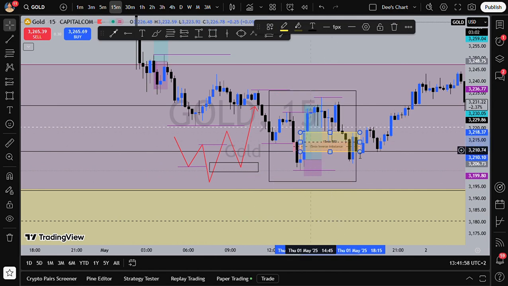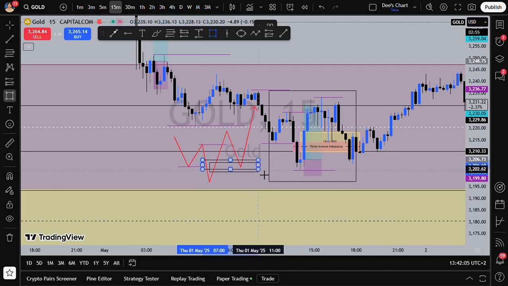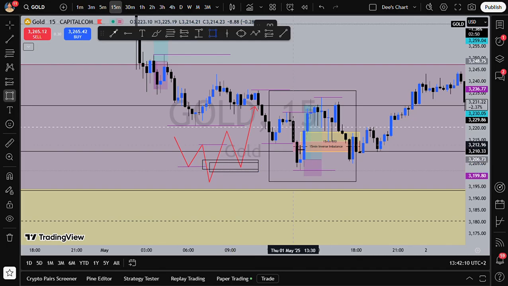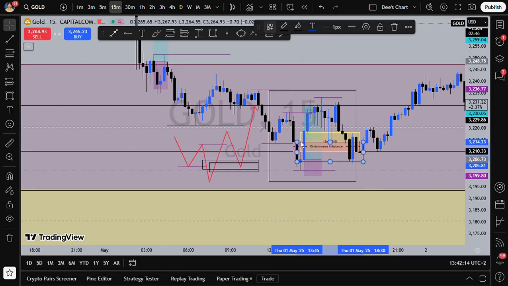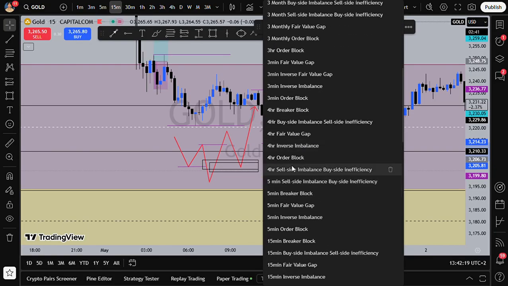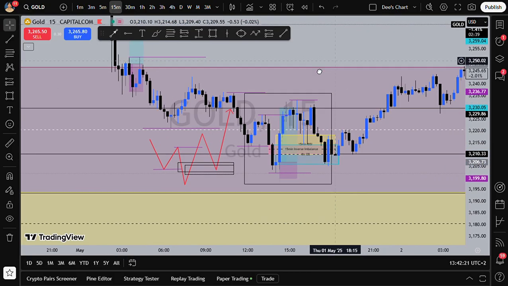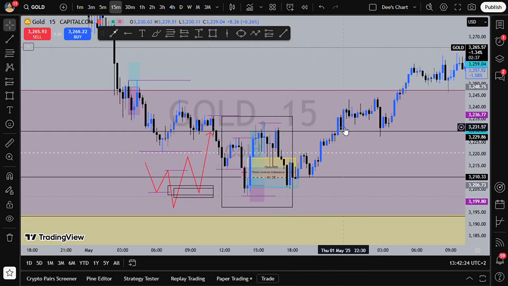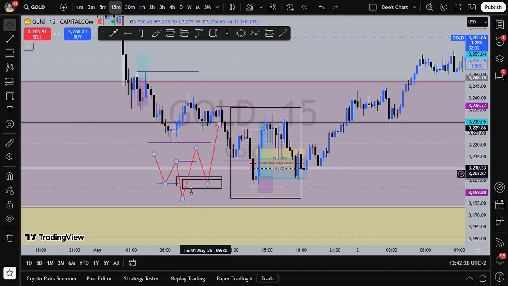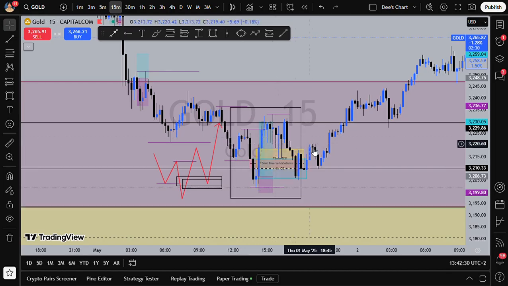You could have entered inside, put your stop loss below this low, or you could have made use of the balanced price range, which was overlapping fair value gaps. And then also you could have made use of the order block right here, this 50-minute order block. So those were some entry points that you could have taken when you were inside of this daily point of interest. This is your buy model, so it's played out right here.